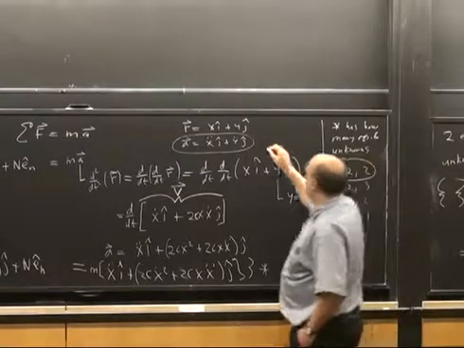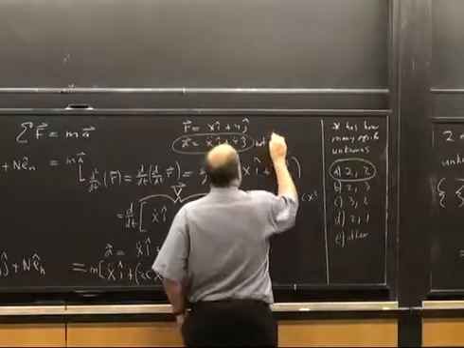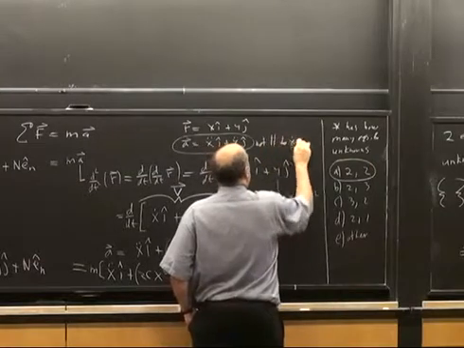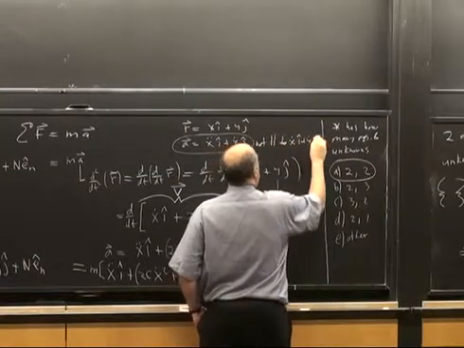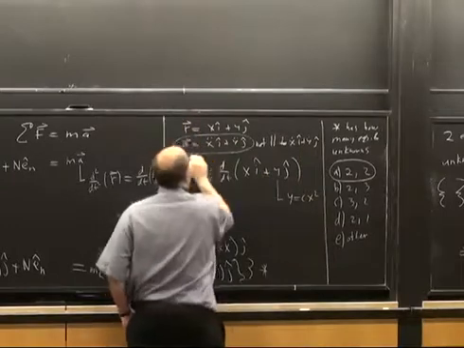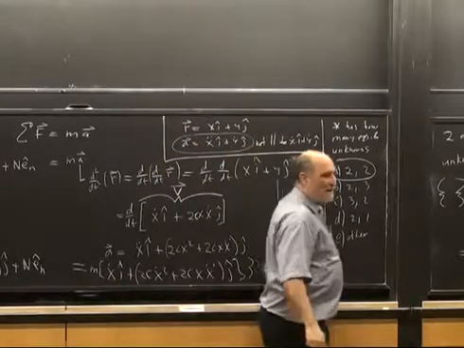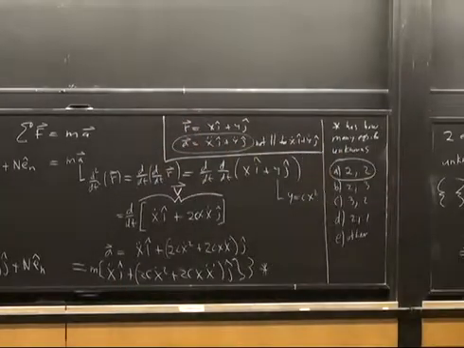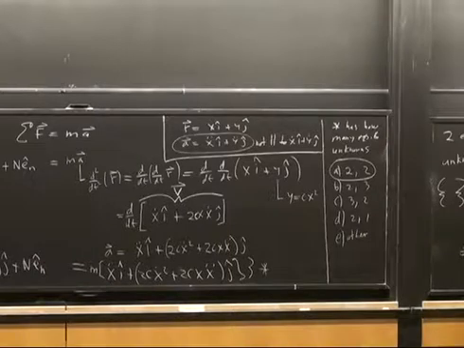So this is not parallel to x dot i plus y dot j. It would only be parallel if x dot and y dot were in the same proportions as x double dot and y double dot. But x and y are both functions of time as the particle moves around. So even though the formula has a parallel structure, the vectors are not geometrically parallel.